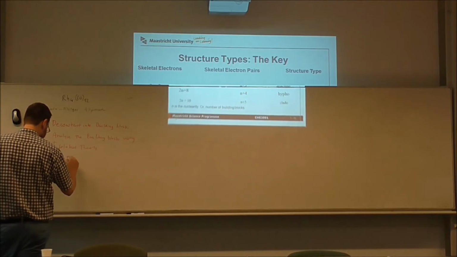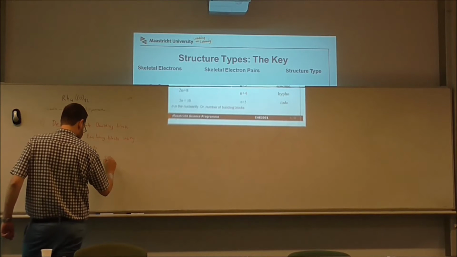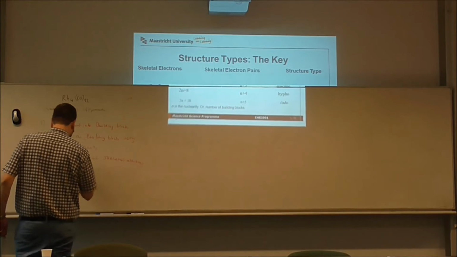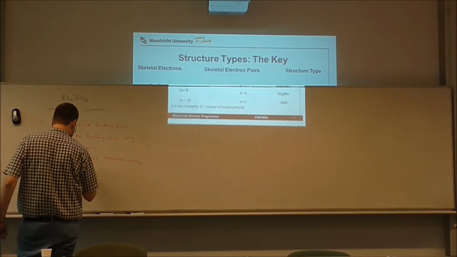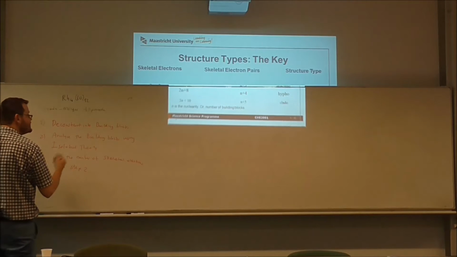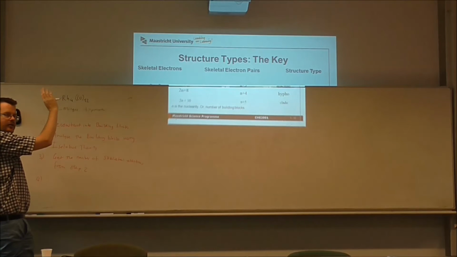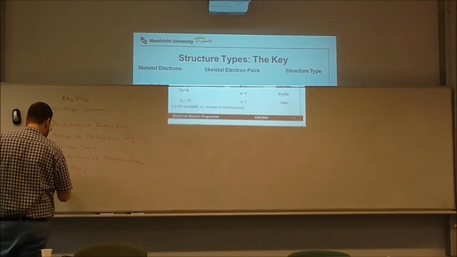Step three: get the number of skeletal electrons from the fragments from step 2. I'll show you how it works. And then basically using this relationship between the nuclearity and the number of electron pairs, figure out the structure type.